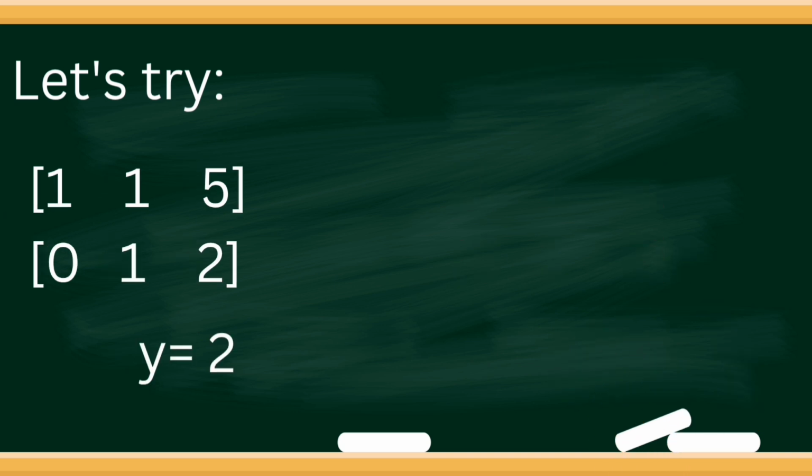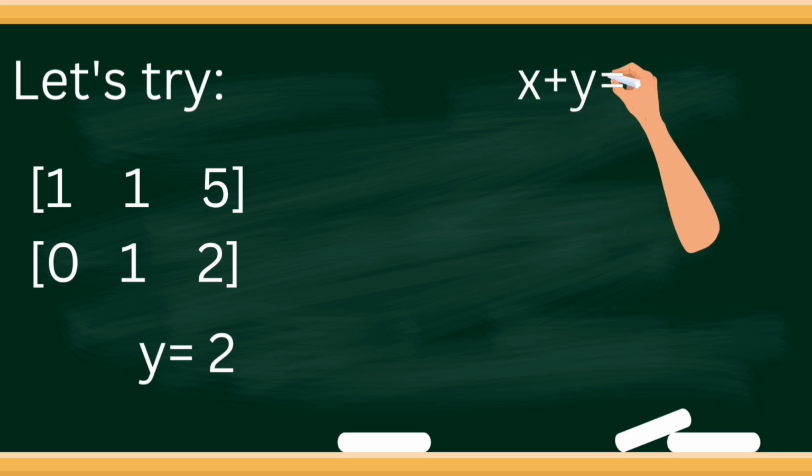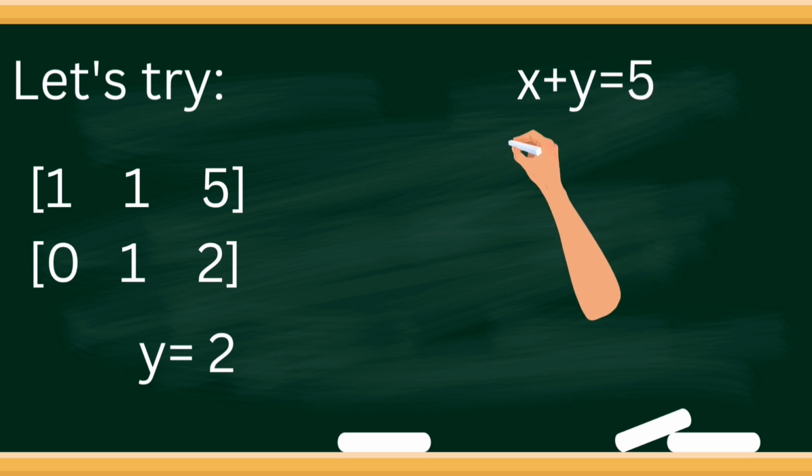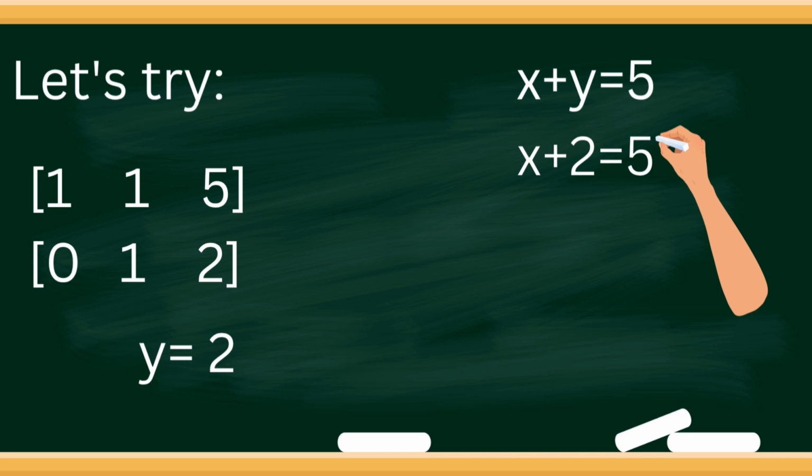With that, we can now find the value of x through the value of y. But before that, let's turn row 1 into a linear equation, which becomes x plus y is equal to 5. Then let's substitute the value of y and it becomes x plus 2 is equal to 5.